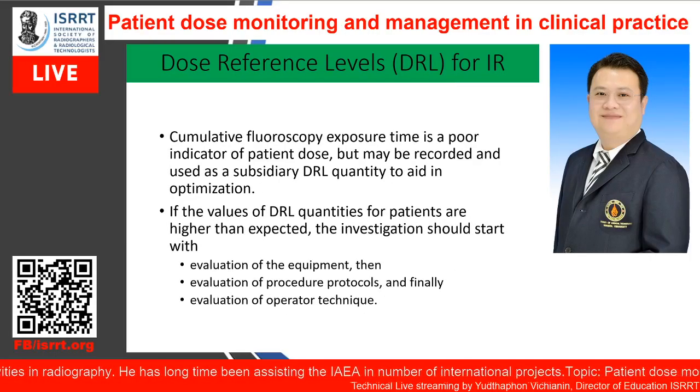Normally, in the old days, before the time of dose metrics, we could only collect data for cumulative fluoroscopic exposure time. This is very bad for DRL. I would suggest that if you have a new machine within the last 10 years, most of them have this dose metric available.